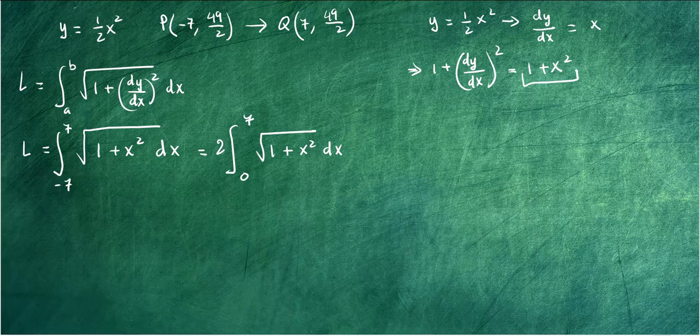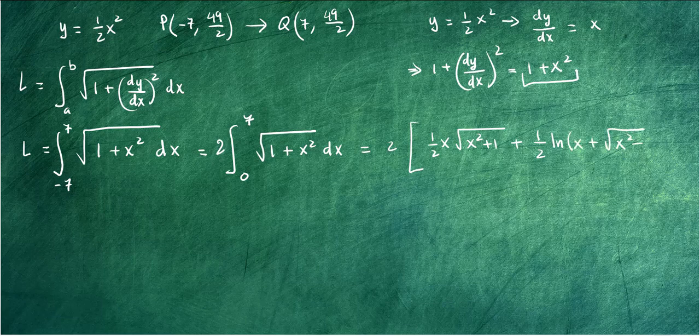So let me just write it down over here again. It's going to be 1/2 x square root of x squared plus 1, plus 1/2 ln of x plus the square root of x squared plus 1.